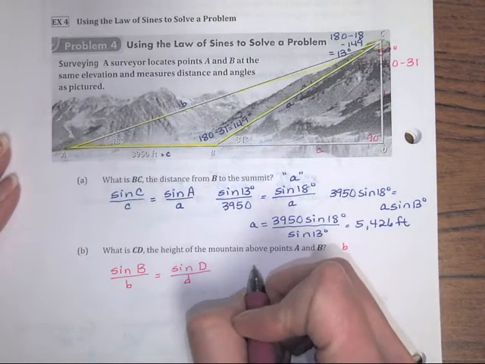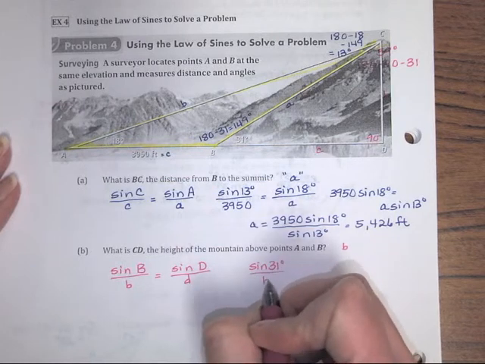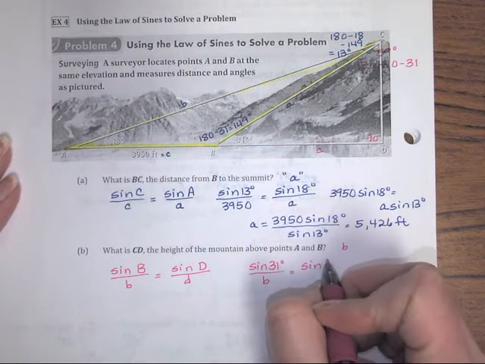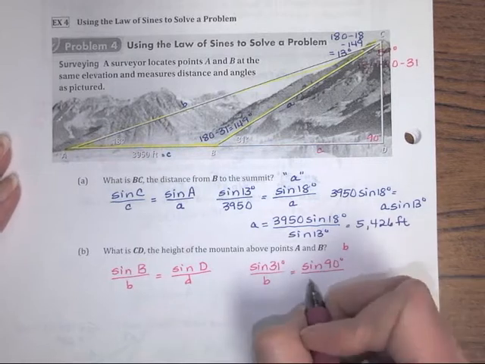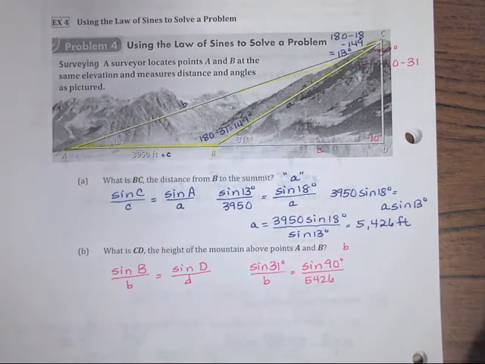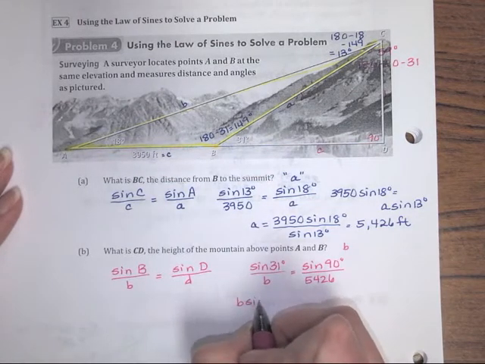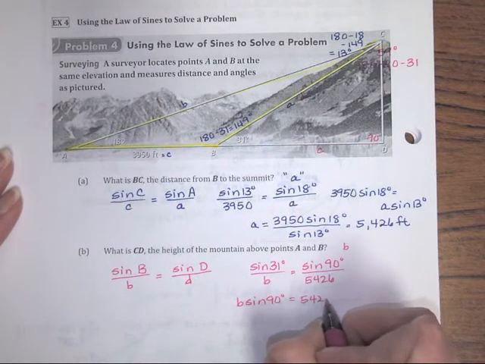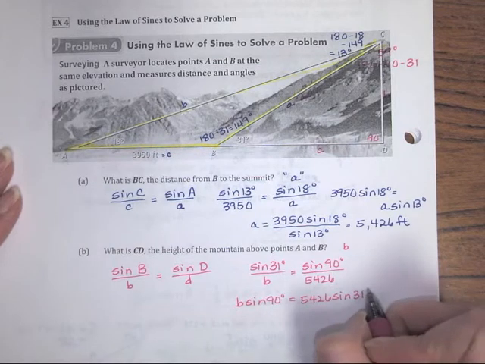And let's fill these in. So sine B is sine 31 degrees over B that we don't know equals sine 90 degrees over D, which we already figured out is 5,426 feet. So if we cross multiply, we have B sine 90 equals 5,426 sine 31.